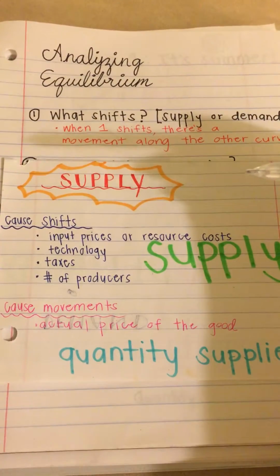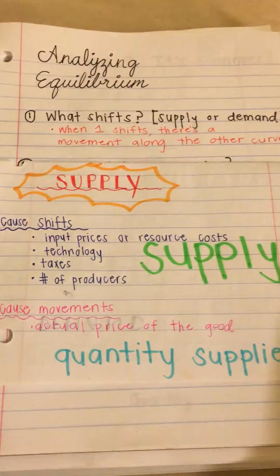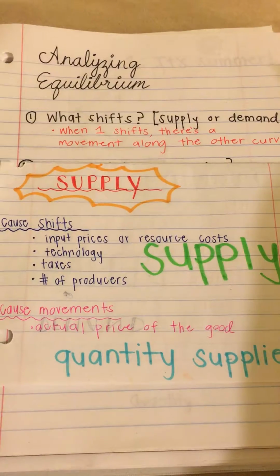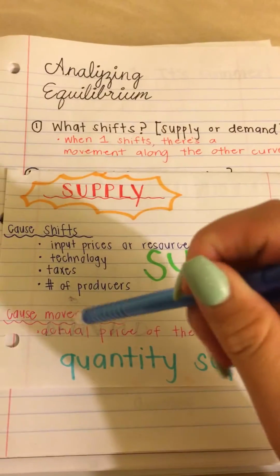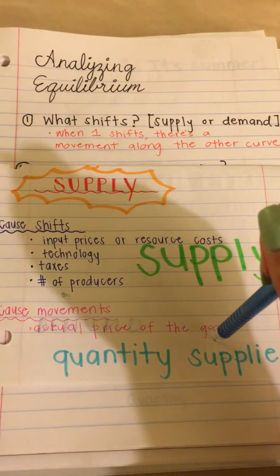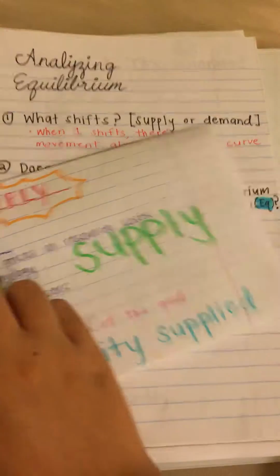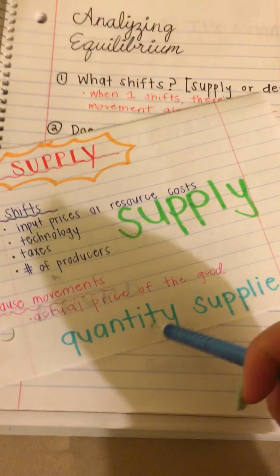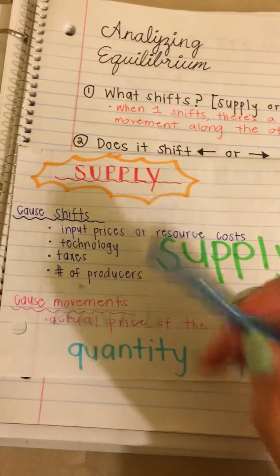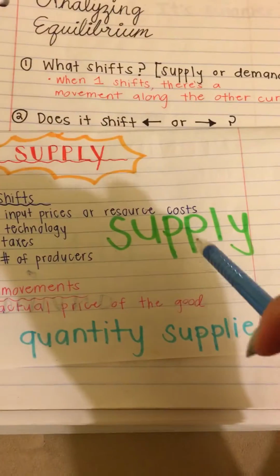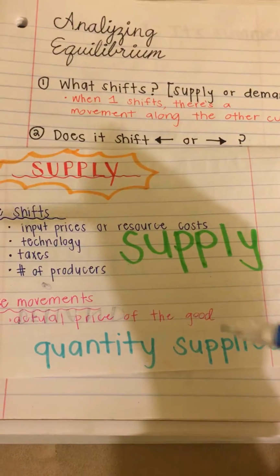What causes a movement along the supply curve is the actual price of the good that it's being sold for in the market. Movement, quantity supplied. So it's the exact same as demand. Price, quantity demanded. Price, quantity supplied. Everything other than price is a shift, which belongs to supply.